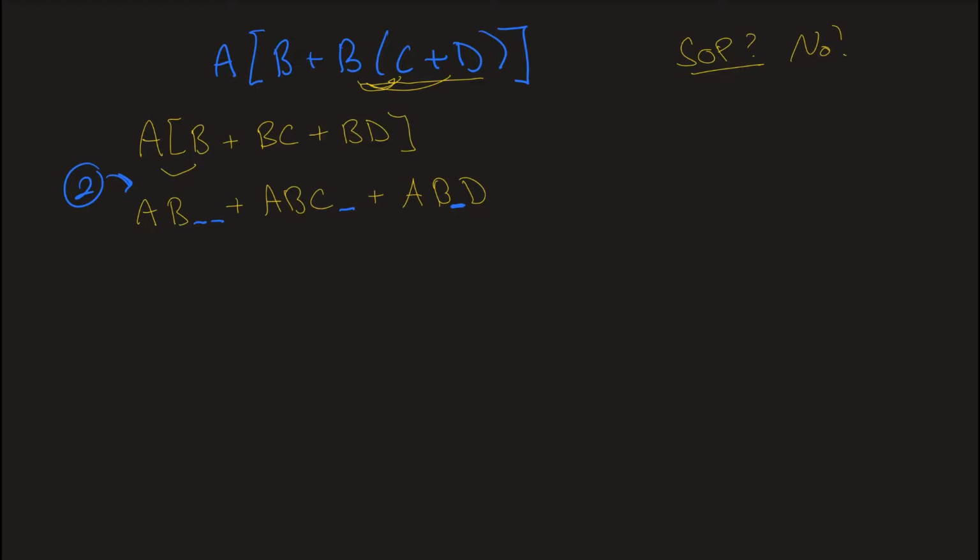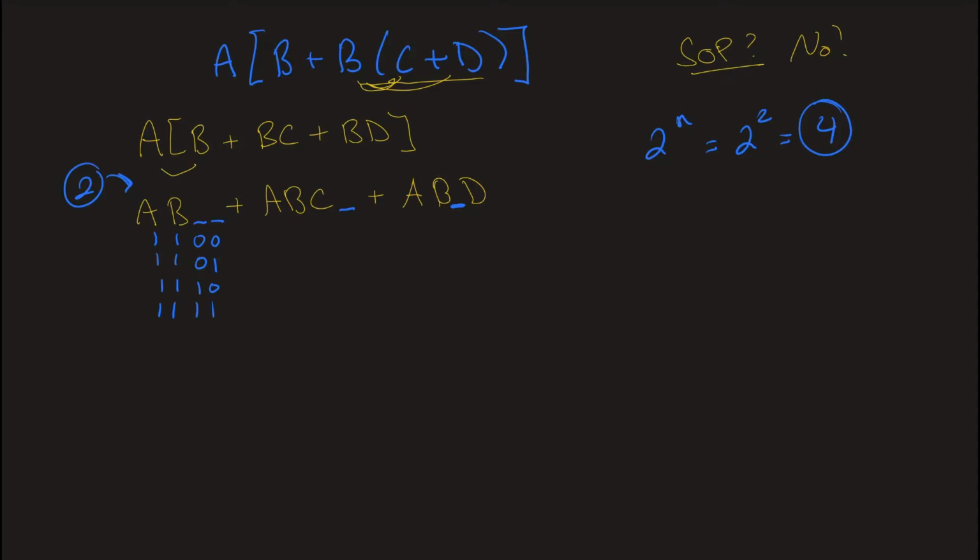And so since I'm missing two values, that means there are 2 to the n, so in this case, 2 to the 2 values missing. So that means we have 4 combinations. Those could be 0, 0, 0, 1, 1, 0, or 1, 1. A and B, in this case, always have to be 1. And so those are the 4 values the first term will be true for.